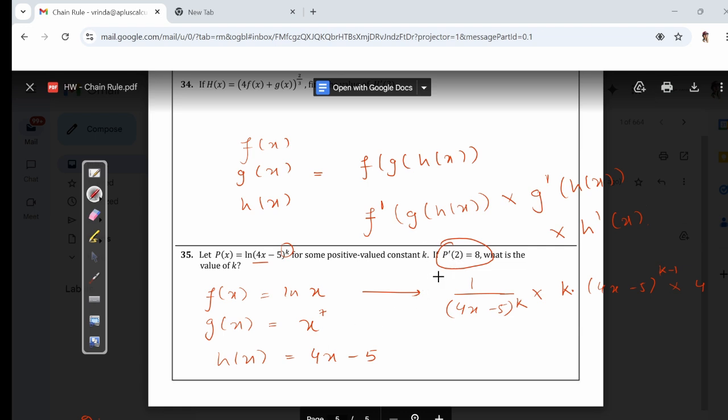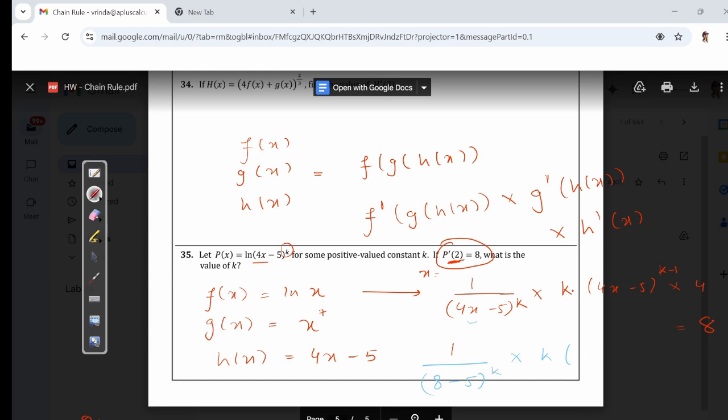And they've given that p dash 2 is equal to 8. So that means you take x equal to 2. Wherever you see x, replace it by 2. So 1 over 4 times 2, that is 8 minus 5, raised to k, times k times, again, 4 times 2 is 8, 8 minus 5 will be 3.